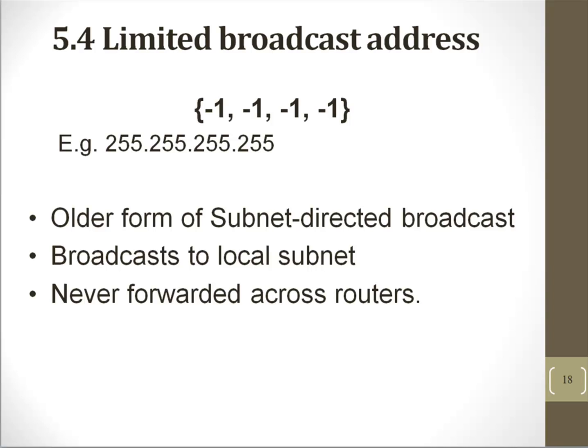Now I'm going for the last one, the fourth type of broadcast address, which is limited broadcast. Limited broadcast means all the 32 bits of an IP address, all four octets, I'm going to make everything 1.